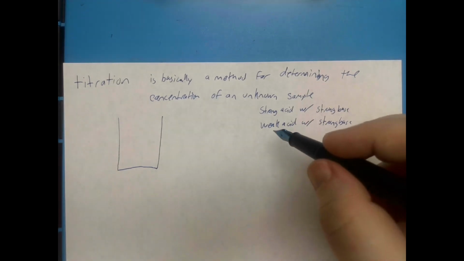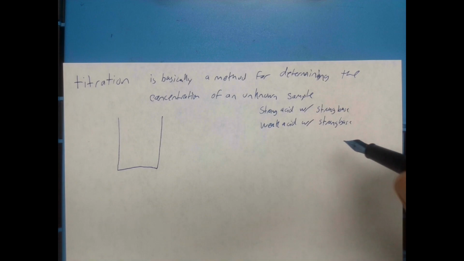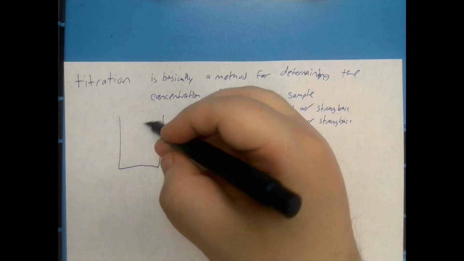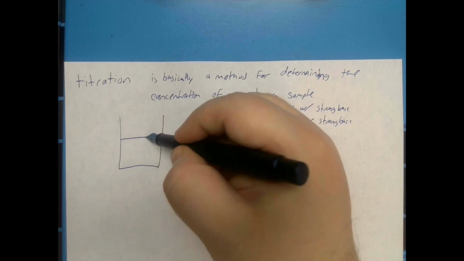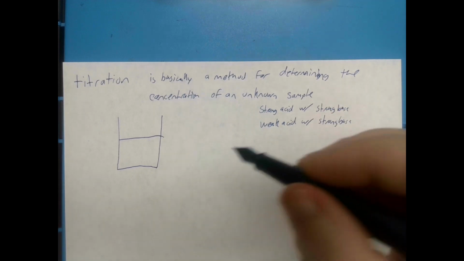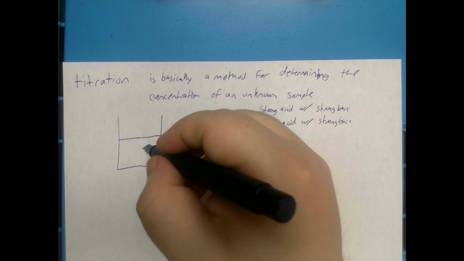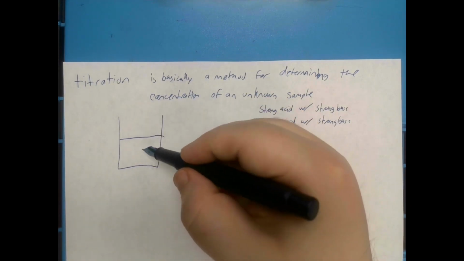You could have a strong acid with weak base or a weak acid with a weak base. So choosing one of them, let's just look at strong acid with strong base. You have some sample with unknown concentration.